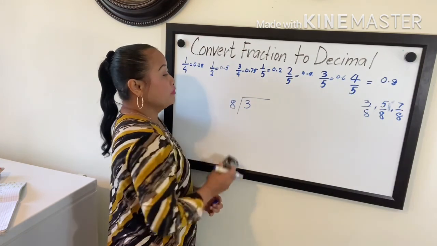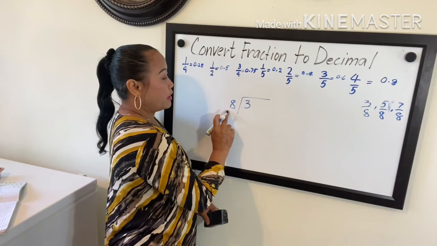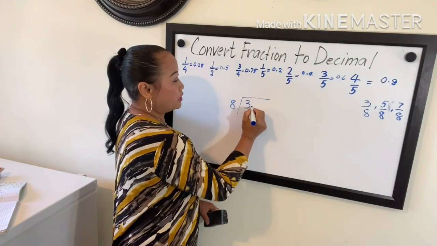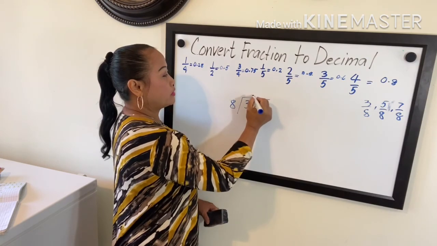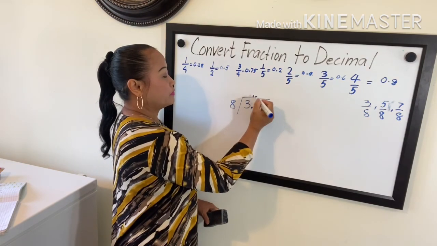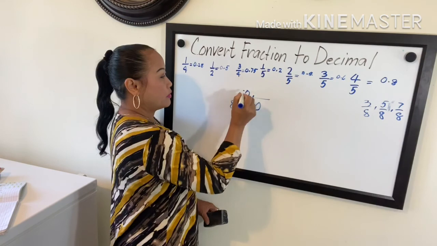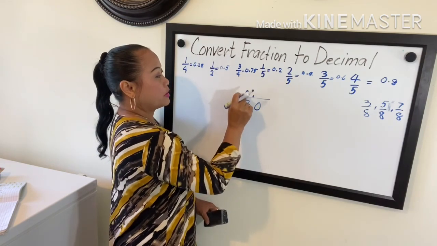So 3 divided by 8 cannot be done, so you have to add a decimal point here and then 0, and put the decimal point straight here on top, and then always put 0 here.